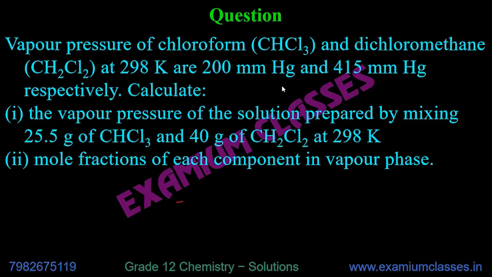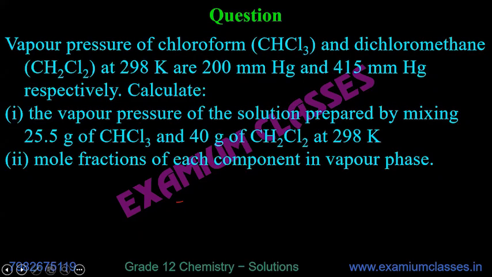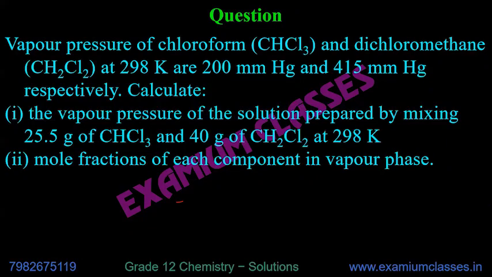Vapor pressure of chloroform and dichloromethane at a particular temperature are 200 millimeter Hg and 415 millimeter of Hg respectively. Calculate the vapor pressure of the solution prepared by mixing 25.5 gram of chloroform and 40 grams of dichloromethane at the same temperature.